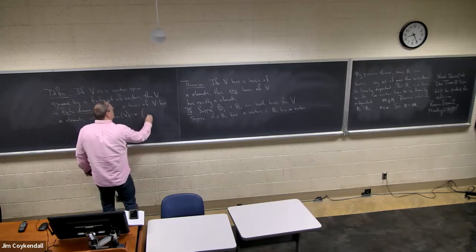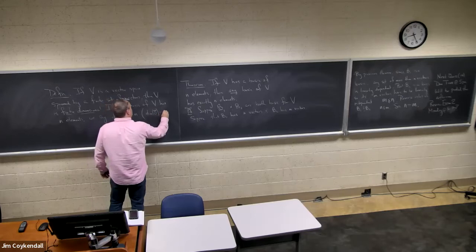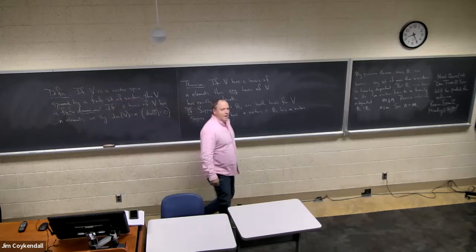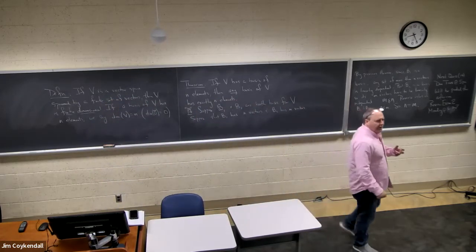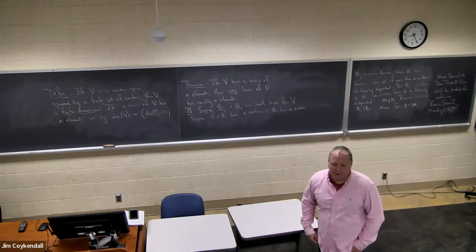And we say the zero vector space. Remember, the zero vector by itself is a very silly vector space, but it's a vector space nonetheless.